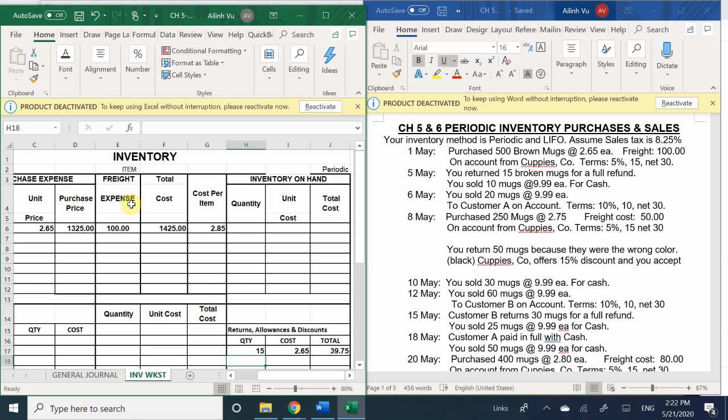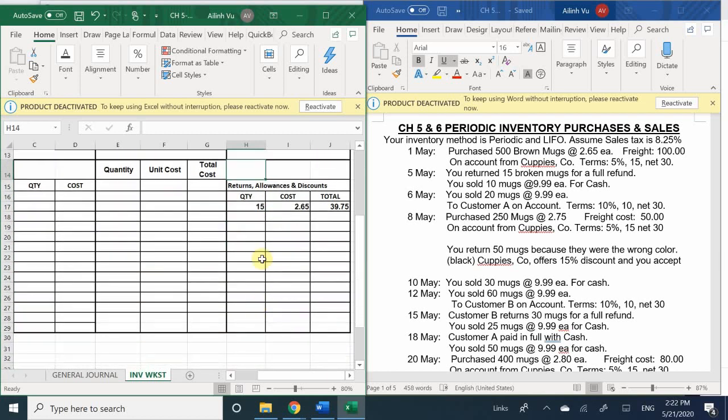Okay, so now that we have a purchase returns and allowances, what do we need to recognize? Did we return any items? No, but we did get a discount. How much was the discount for? 15% on 50 of them. So what's the total amount? $20.63.